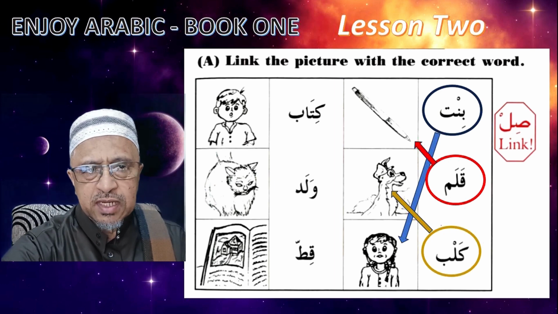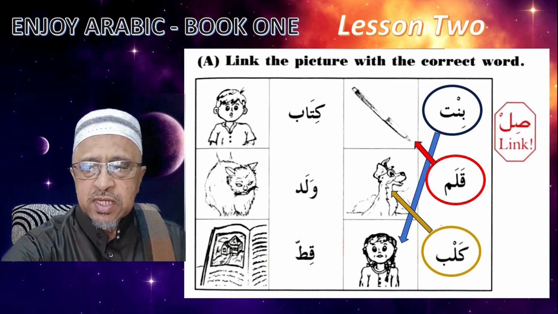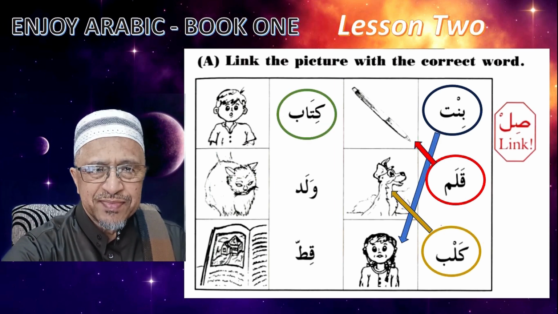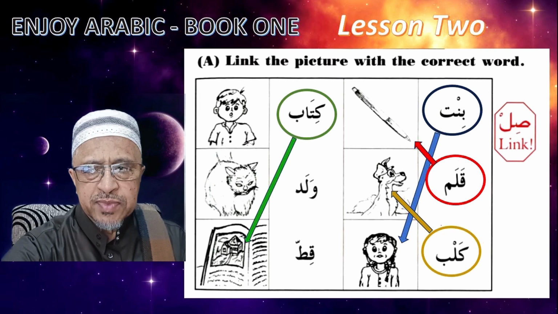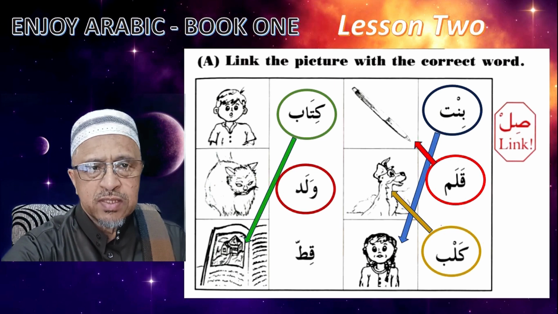On the other side, the first word is, what's that word? Kitab. Kitab, as you can see, and of course, you know by now it refers to a book, and there's the picture. Second word is walad. Walad refers to a boy.